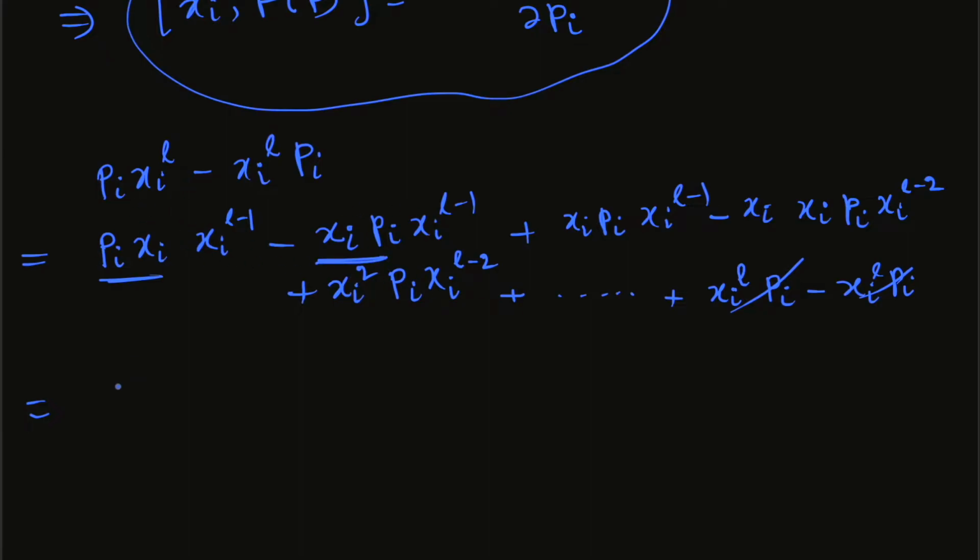If we closely look at the first two terms, we will get [p_i, x_i] times x_i to the power l minus 1.